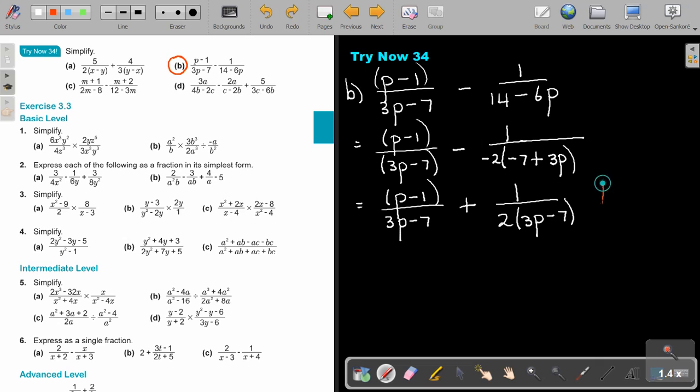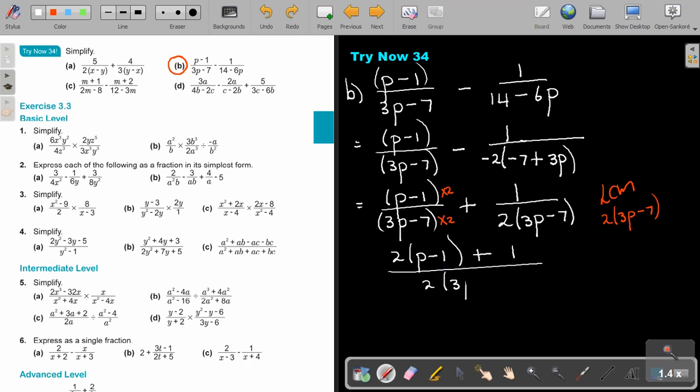So what is your LCM? Don't forget your bracket there. Your LCM is going to be 2 times 3P minus 7. So I times 2, I times 2. That is already everything in order. So I'm going to get 2P minus 1 plus 1 over 2, 3P minus 7.